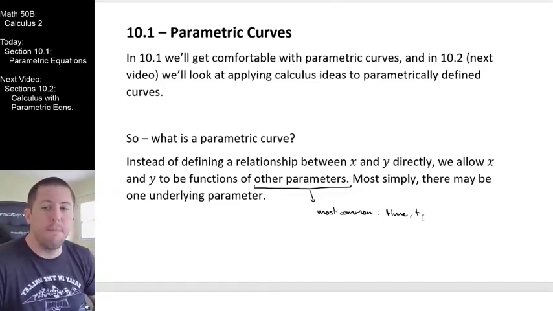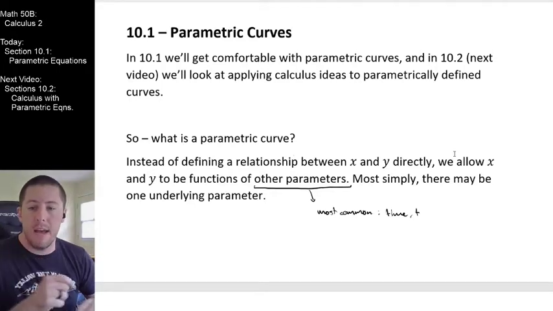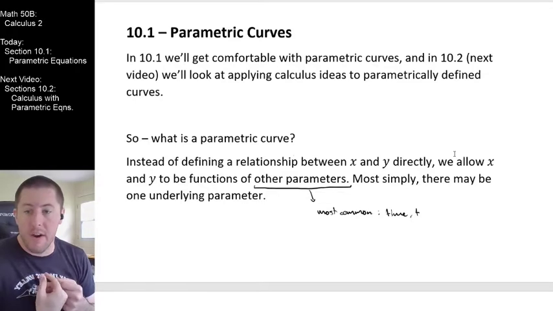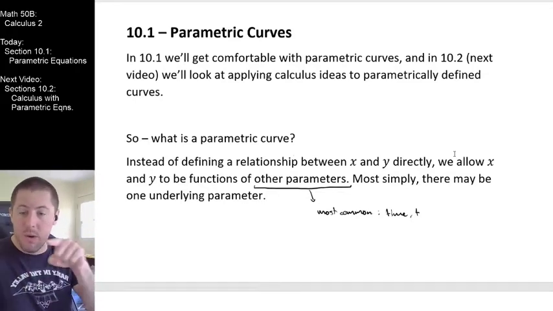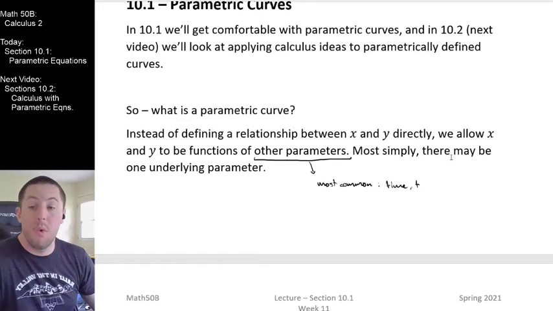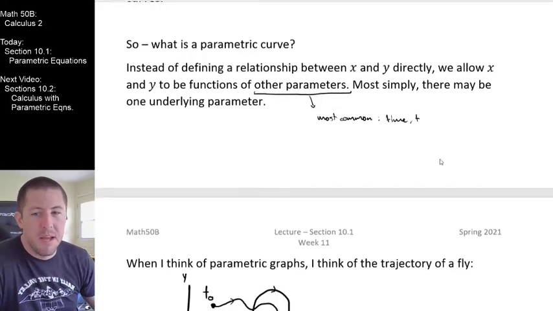But I think that in most cases, the underlying analogy that you should have in your mind about what a parametric curve is, is really helpful for us to think of x being a function of time and y being a function of time. Both x and y vary as time varies, but that still is going to result in an xy point being plotted on a graph, but with an underlying dependence on t, on what I like to think of as time. You don't have to think of it as time, but it's going to be really helpful.